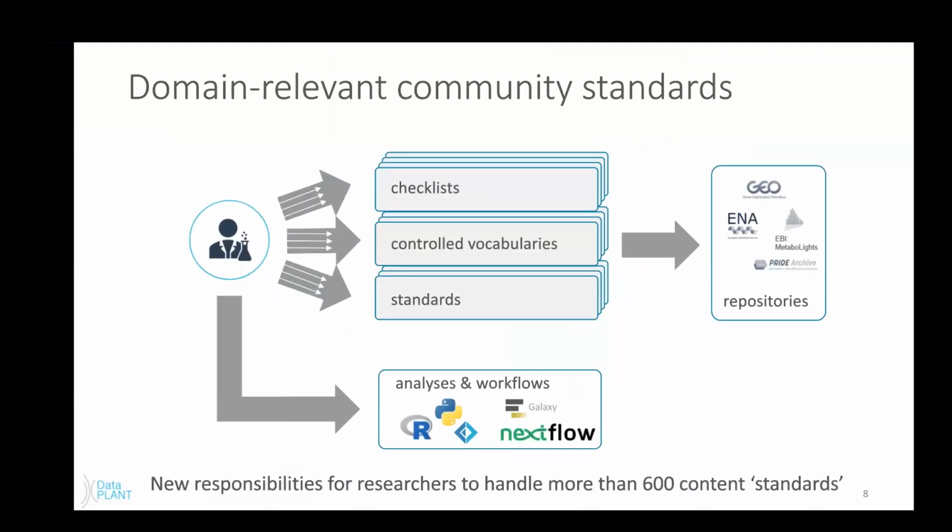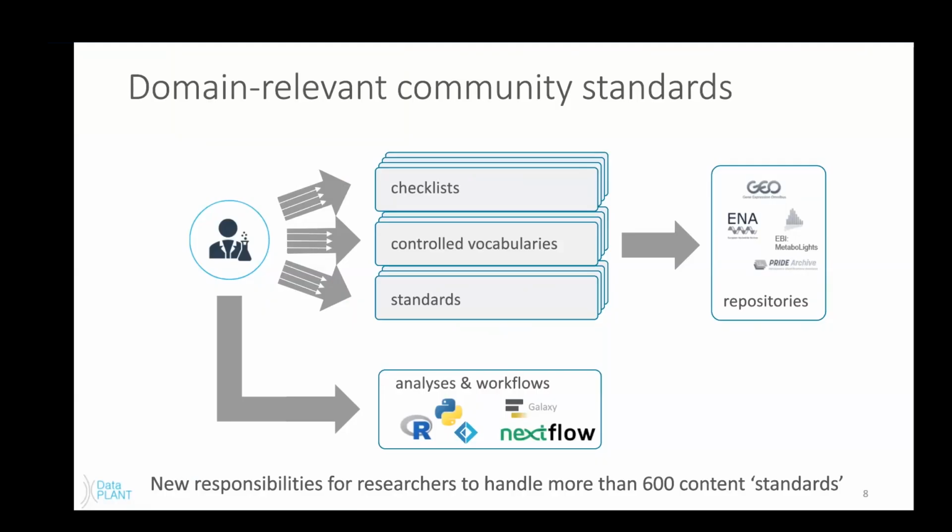I think there is a huge responsibility on researchers to understand and manage domain relevant standards. What I mean by this is, if you are performing an experiment, you need a particular piece of equipment to gain your measurement. There are going to be a series of checklists or vocabularies or even standards that are needed to run this piece of equipment. If you're working on a more complex experiment, you're going to end up with multiple different checklists or standards depending on the equipment that you're using.